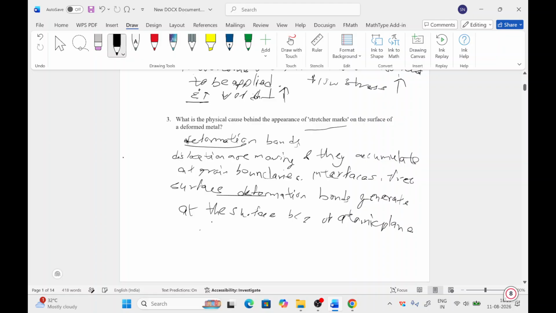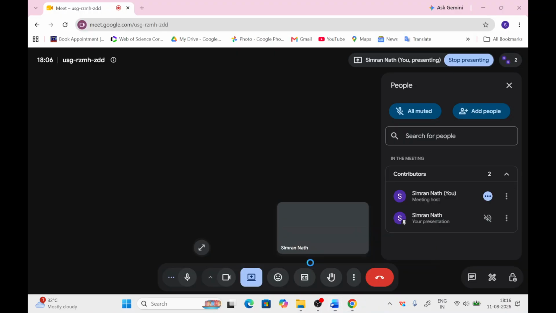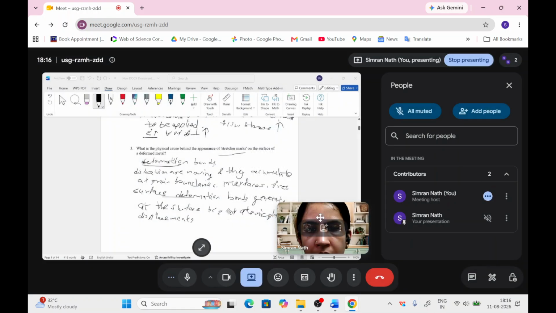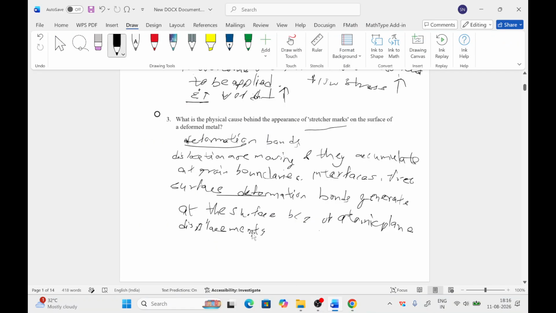So the deformation bands generate at the surface because of atomic plane displacements. That's why the stretcher marks appear on the free surface of a deformed metal.